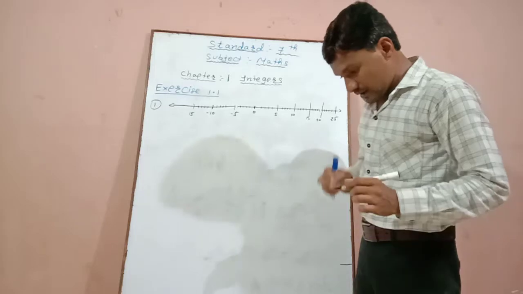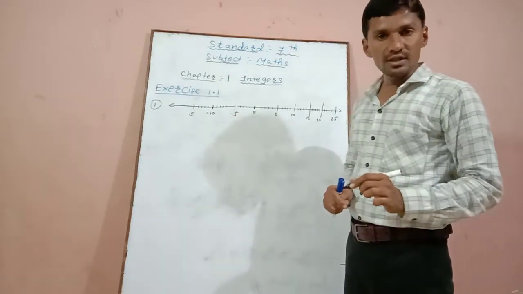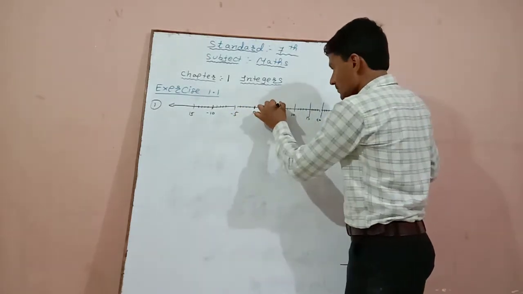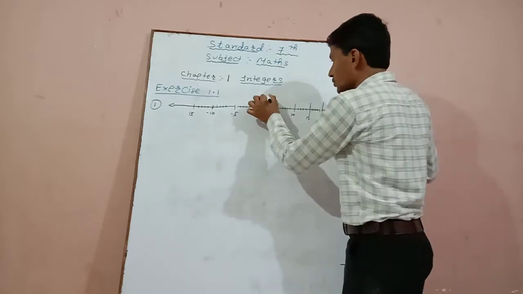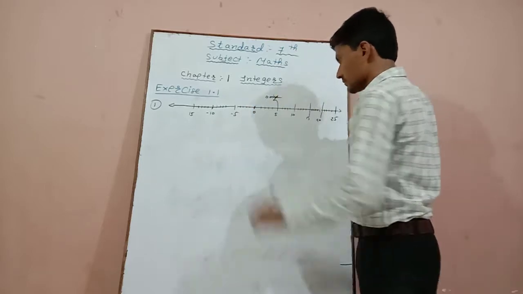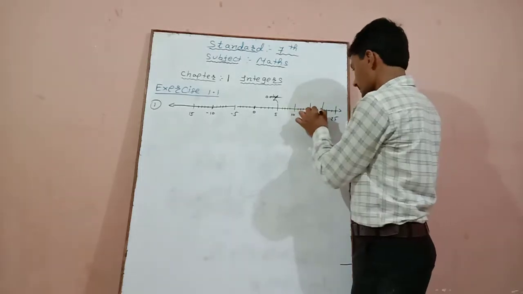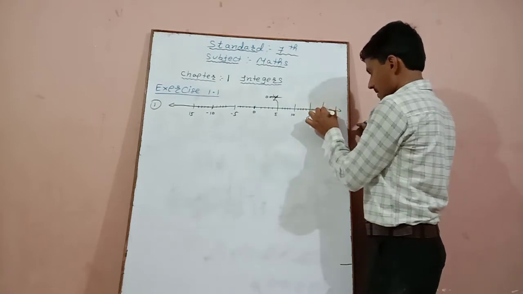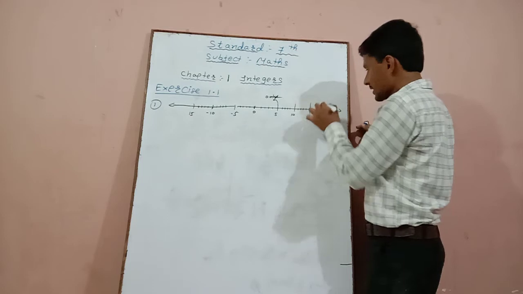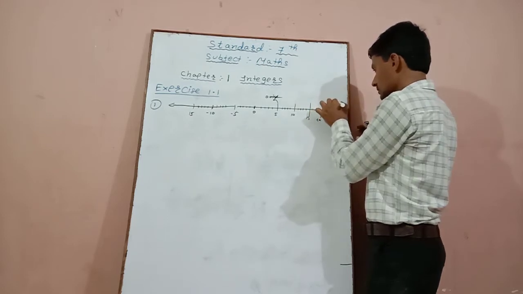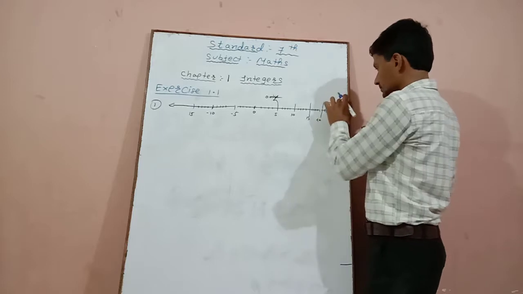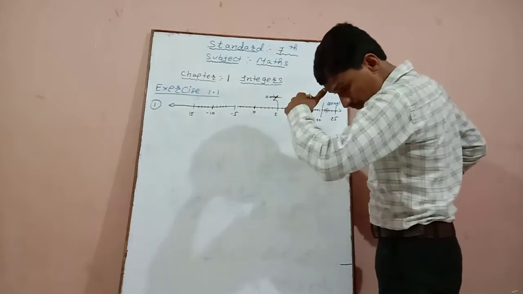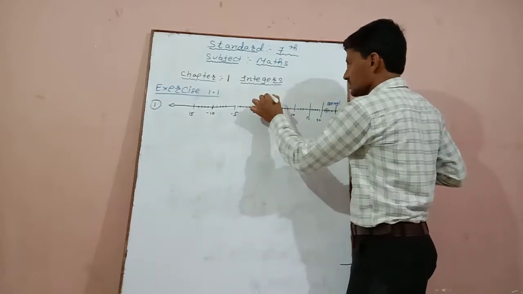Now the temperatures of different cities are given. Here is the first one, Ooty. The second one is Bangalore. Here is 5, Shimla.